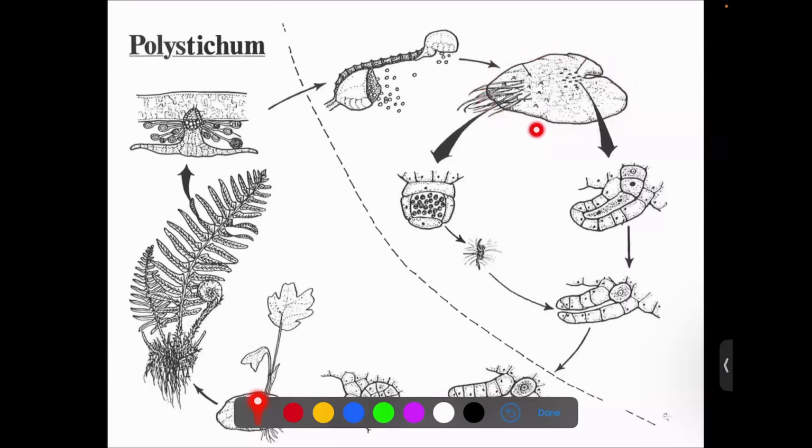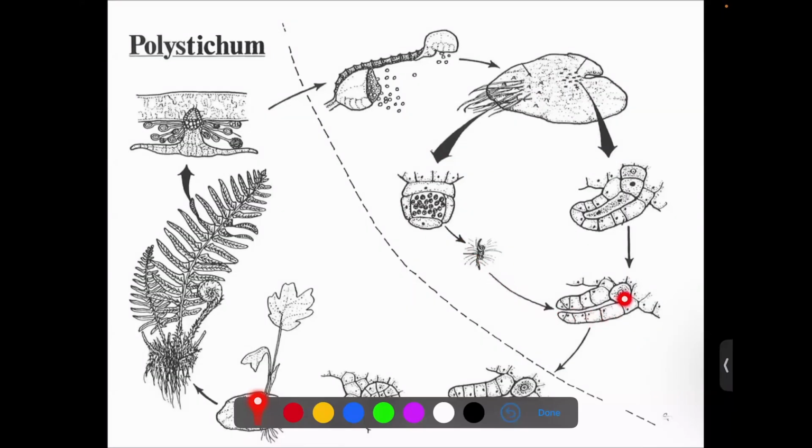Here's a gametophyte here. And this particular gametophyte, as in most ferns, has the potential to make both sperm and egg. So right here, it has female organs, and those female organs produce an egg, each one. And then right here, there are male organs, and those male organs produce sperm.